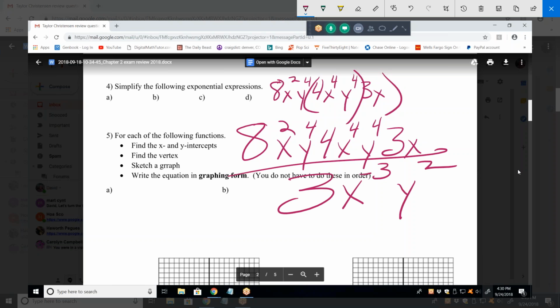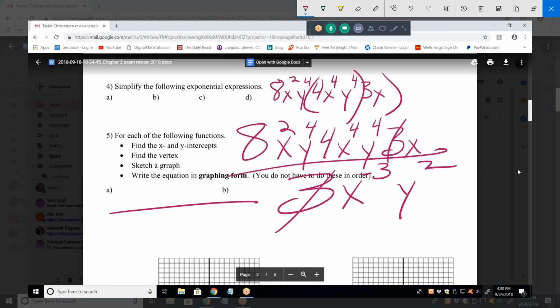Now, these look like hard problems because there's lots of things there, but they're very easy problems. First of all, that 3 cancels with that 3, as long as you didn't omit any parentheses.